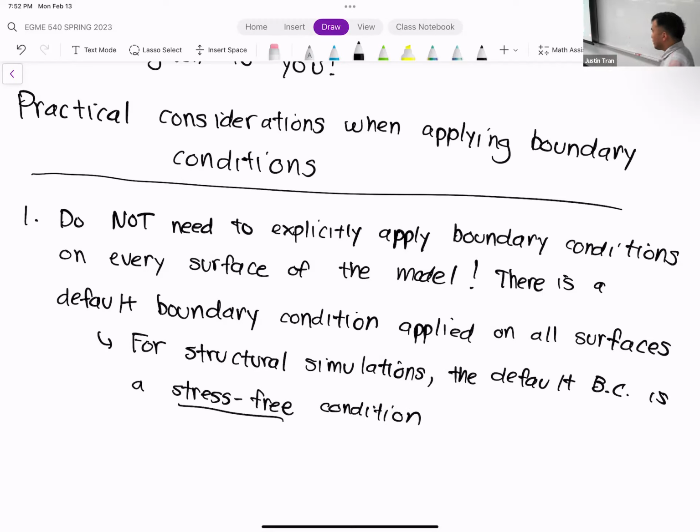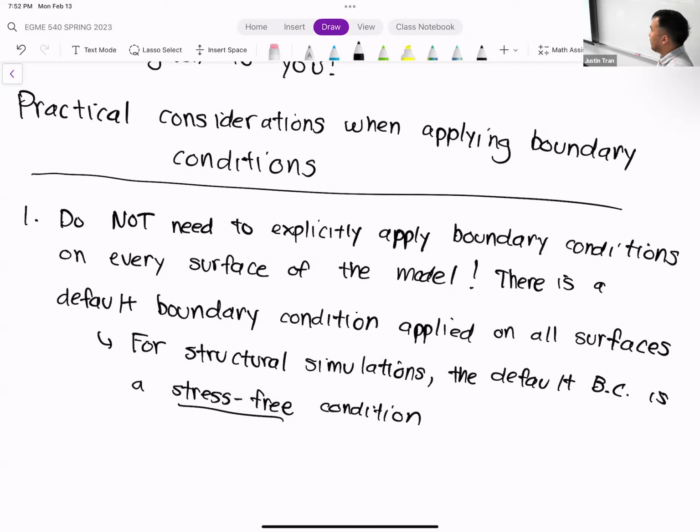And what the stress-free condition basically states is that surface or that edge or whatever is going to be exposed to air, basically. So there's basically going to be no external forcing. There's going to be no external constraints being applied on that surface. So it's basically going to be no stress.